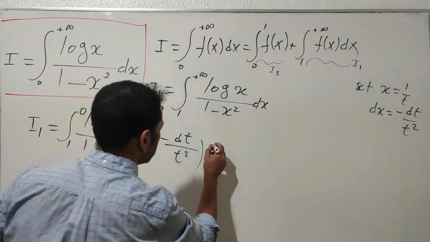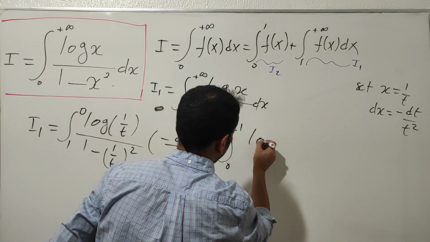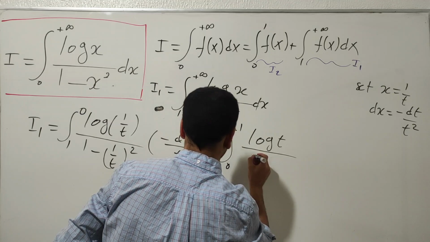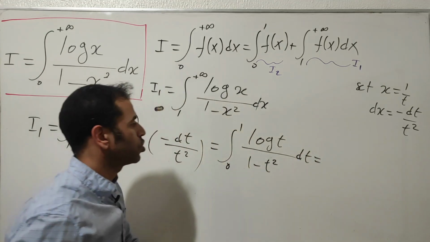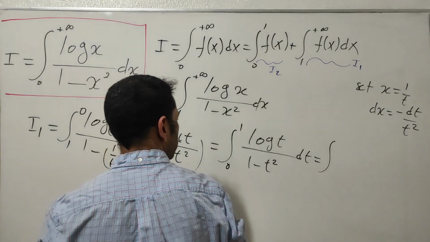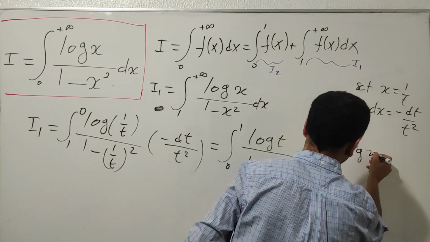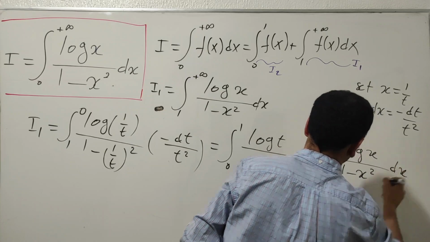So at the end, you will have the integral from 0 to 1 of logarithm t all over 1 minus t squared dt. If I change the variable of this integral, it's not going to change its value: from 0 to 1 of logarithm x all over 1 minus x squared dx.